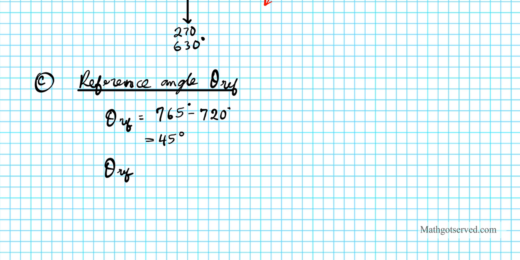Theta reference in radians, we need to do a conversion. 45 degrees over 1. We're going to multiply by either pi over 180 or 180 over pi. Since there's degree on the top, we'll put the 180 degrees on the bottom so that the degrees will cancel. So this is our conversion factor. The degrees cancel out like this. Then let's multiply across. We're going to have 45 pi over 180.